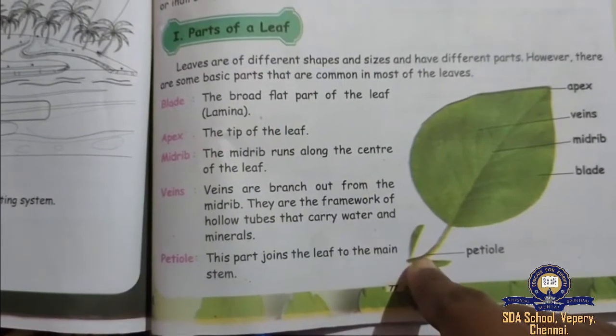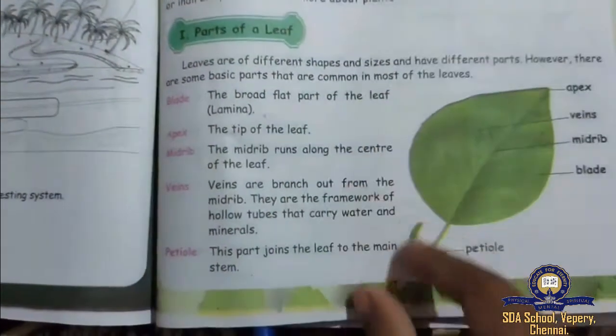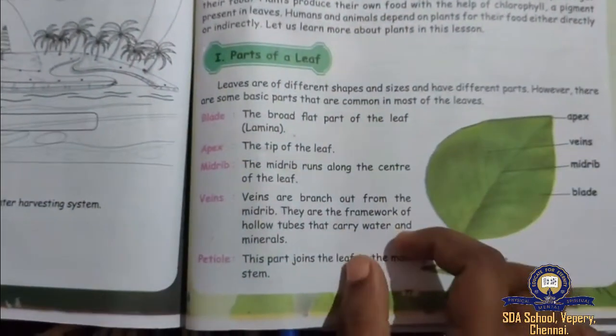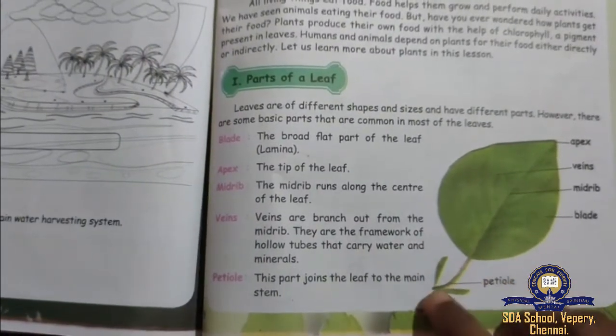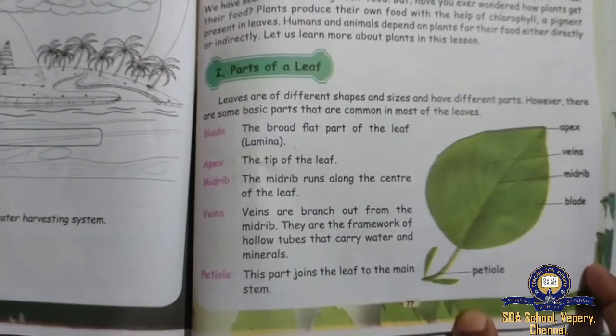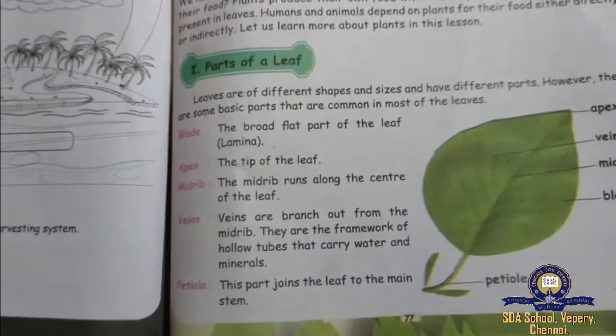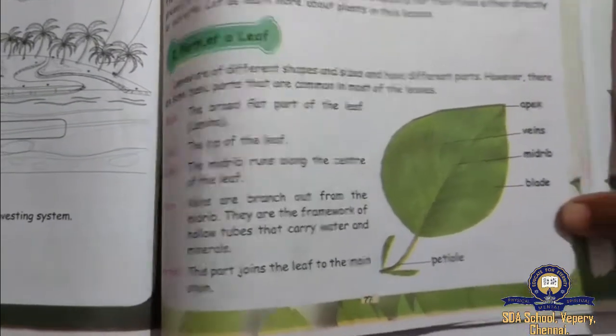So if a stem is there, the petiole joins the stem and the leaf. So we have apex, veins, midrib, blade and petiole.